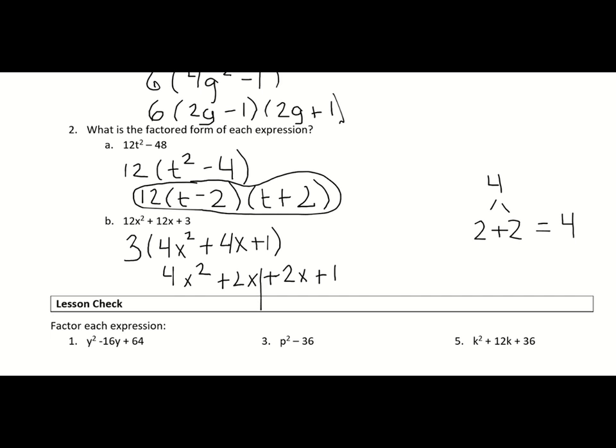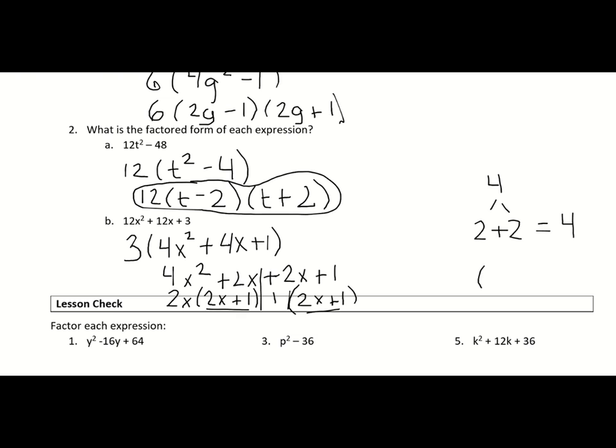Split it into my two binomials and factor by GCF. I can take out a 2x to get 2x plus 1. On the other side, I can take a 1 to get 2x plus 1. Insides match.